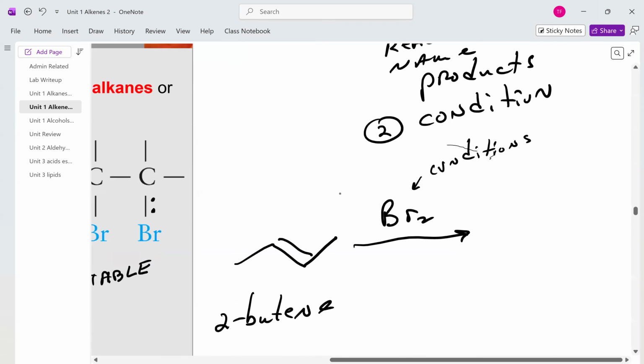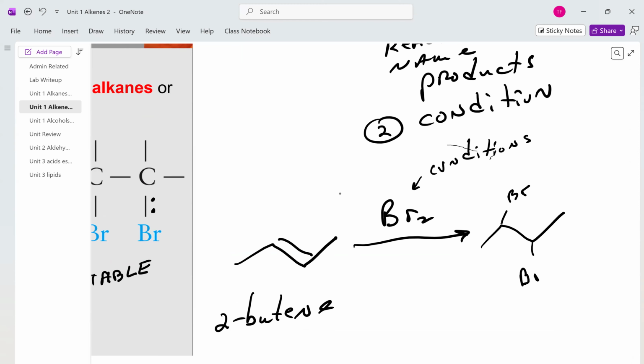And what does it give us? Okay, each Br lands across the two carbons in the double bond, so we end up with, and that's going to be 2,3-dibromobutane.